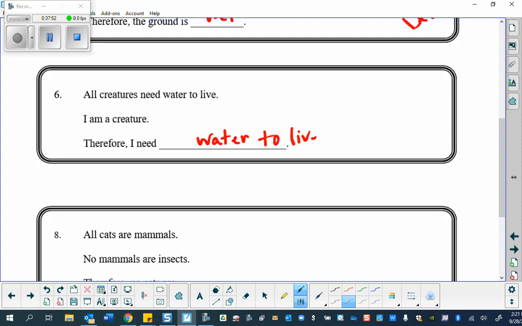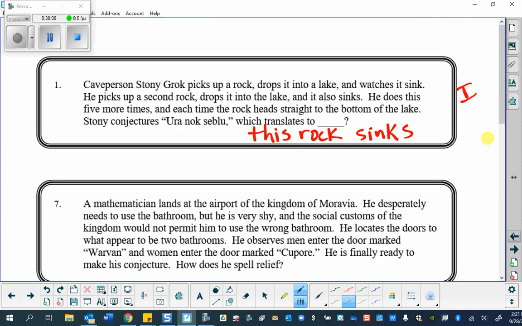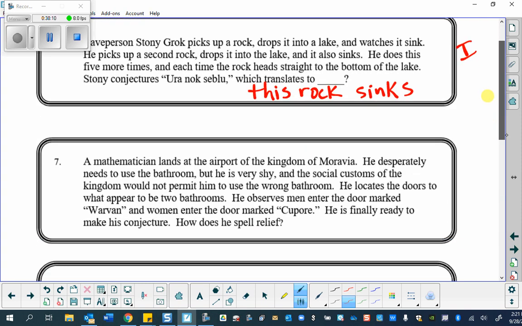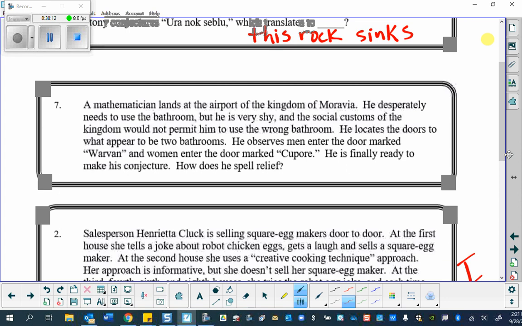What conjecture might you make about the difference between inductive and deductive? Look at all the words. Mathematician lands at the airport of the Kingdom of Moravia. Sound like a story? Let me tell you what happens. He desperately needs to use the bathroom. He's shy, not sure of the social customs in which door to go in.